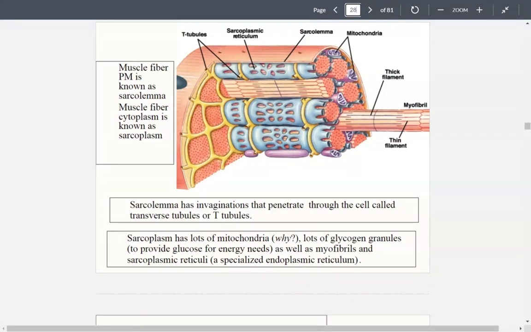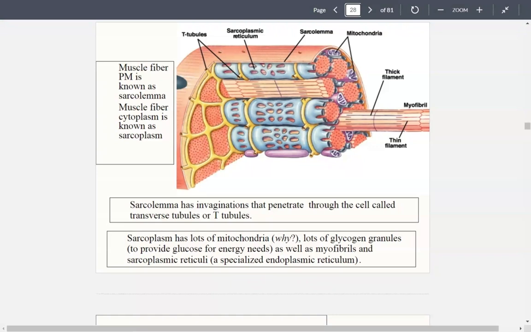Now, the endoplasmic reticulum, specifically the smooth endoplasmic reticulum that is found in skeletal muscle cells, also has its own name. We refer to that as sarcoplasmic reticulum instead of endoplasmic reticulum. So, a couple of different names that we do need to be aware of.